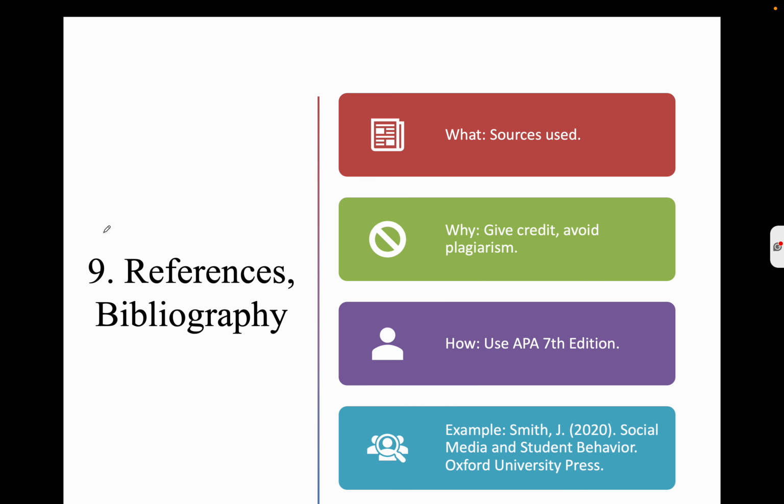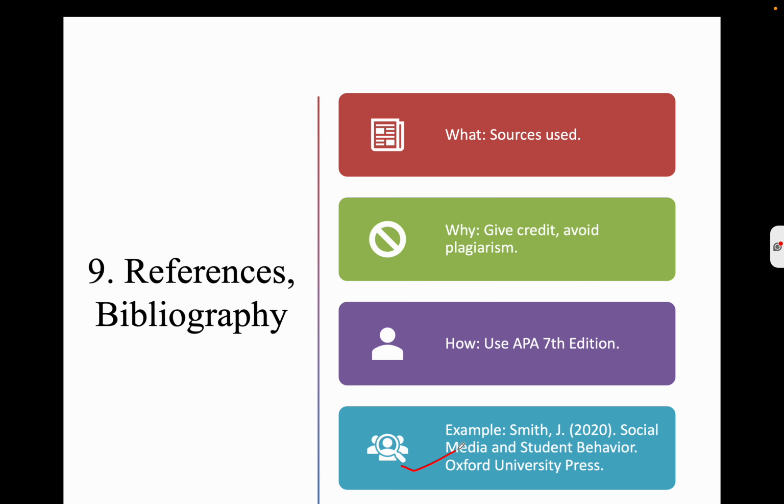Now, references are very important. Whatever data you are referring to is very important from an ethical point of view, students. In the review of literature, wherever you have used anyone else's data, you have referred to a journal or a paper, it is very important to give credit to them and add their name.